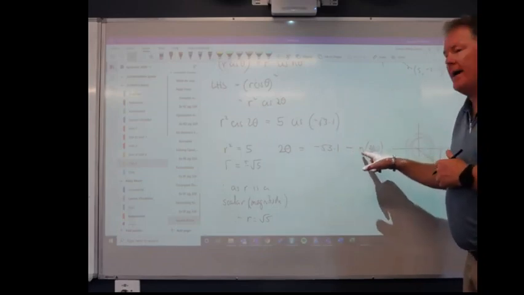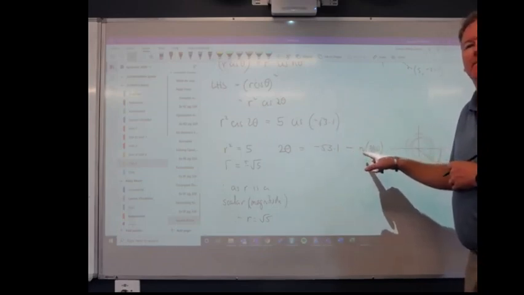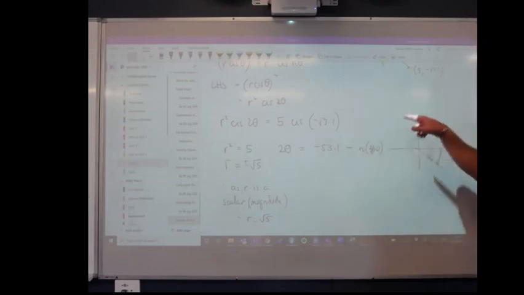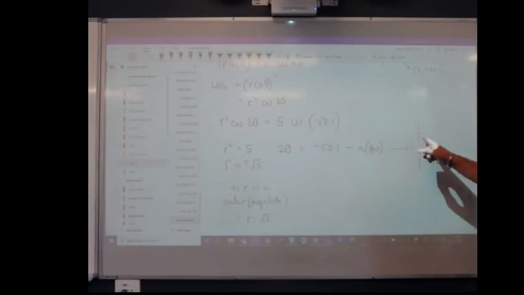Okay? Now, what does the n represent? Can you remember from our trig stuff? How many times around the circle I've gone? So if I go nonce around the circle, then I'm just going straight to that angle. So when n equals 0. If I go once, I've gone around once, and then I go back to there.